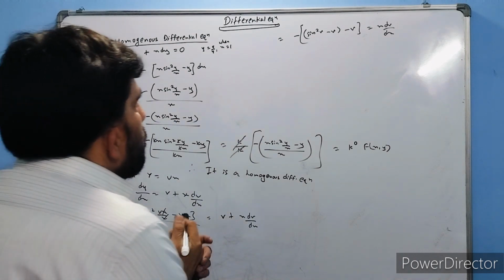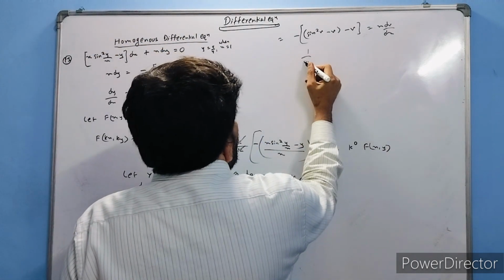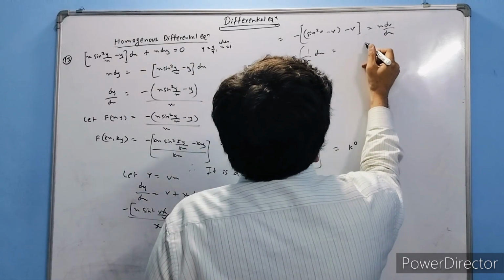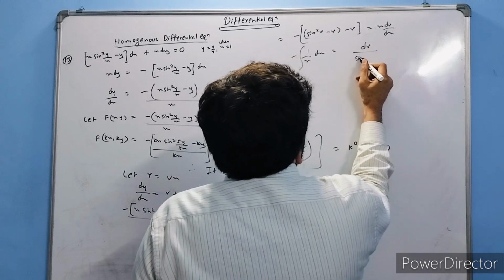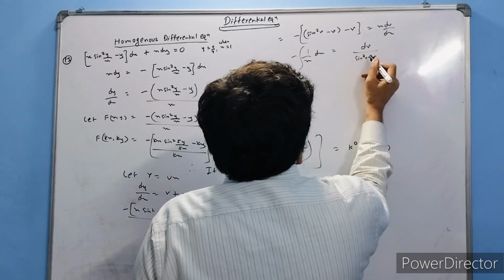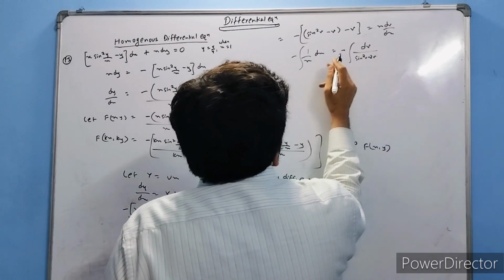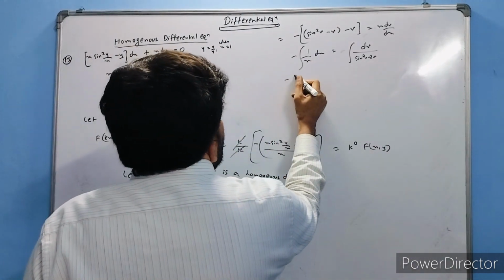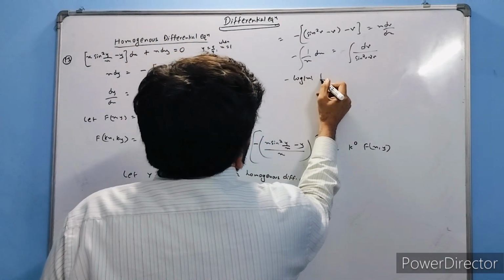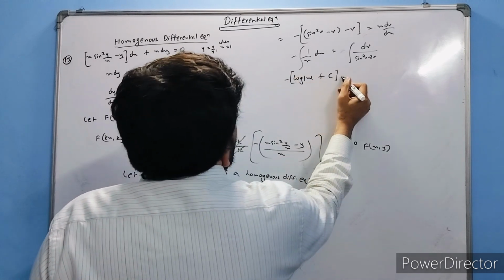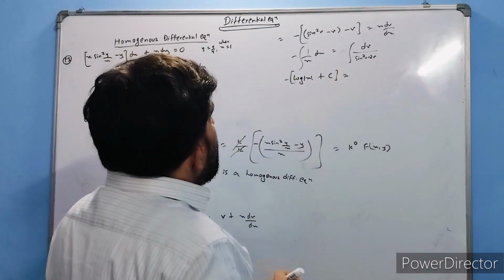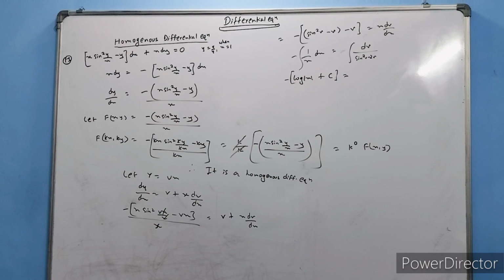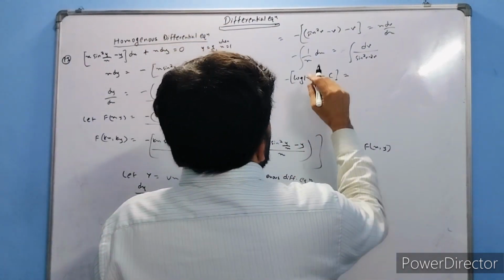So now what we can say here: 1 upon x dx is equal to minus dv upon sine square v minus 2v minus sine square v minus 2. So now we have minus log x plus c is equal to. Now let us see how we can easily solve this.